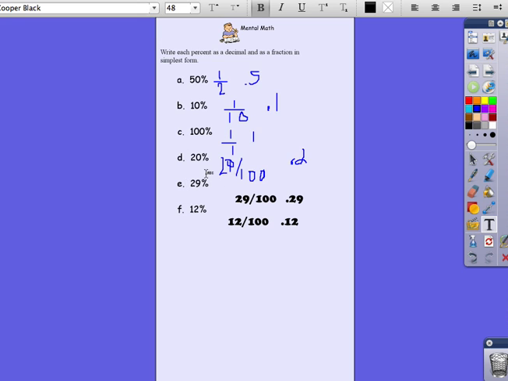Know that percents are always out of 100. And whenever you're trying to get into decimals, think about tenths and hundredths, and then you should be able to figure it out based off of its place value.